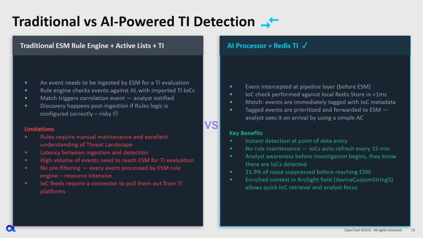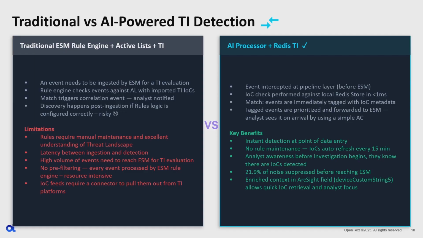High event volume means ESM needs to process everything before any IOC is actually detected. And detection is, I would describe it, a bit reactive. So a discovery happens after ingestion, after getting the data inside the ArcSight ESM manager. But that's normal. This is how it's been for many years, right?